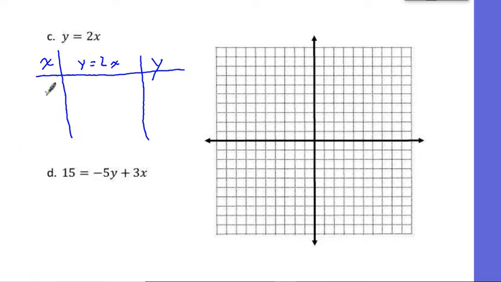So again, choose some values here: negative 1, 0, 1. And in our work, we'll say y equals 2 times negative 1, which is negative 2. Y equals 2 times 0, which is 0. Y equals 2 times 1, which is 2.